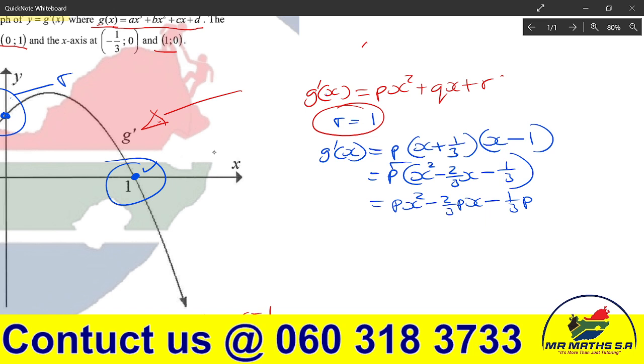Okay. Then you remember that this over here, this position is the r position. Are we together? And you already know your r is equal to 1. So you can simply say that this means negative 1 over 3 p is actually equal to 1.